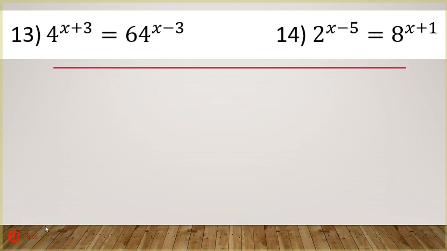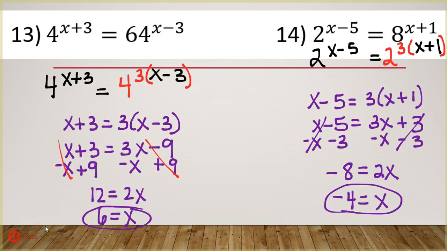Feel free to pause the video at this time and attempt to do questions 13 and 14. So for question 13, if you got x equals 6, that is correct. And for question 14, if you got x equals negative 4, you are also correct.